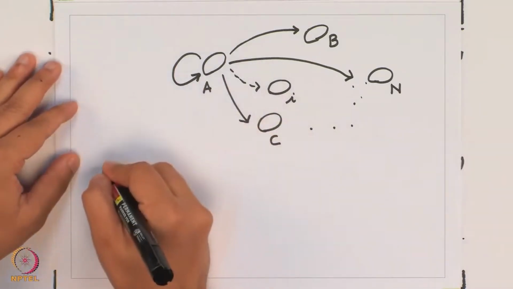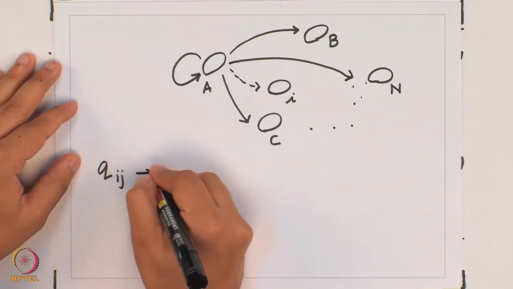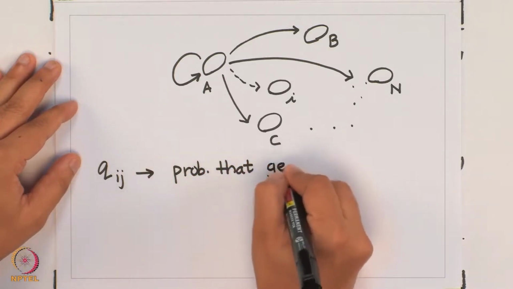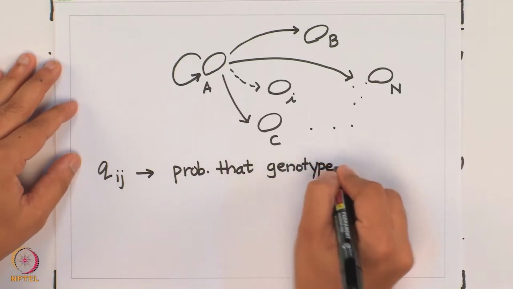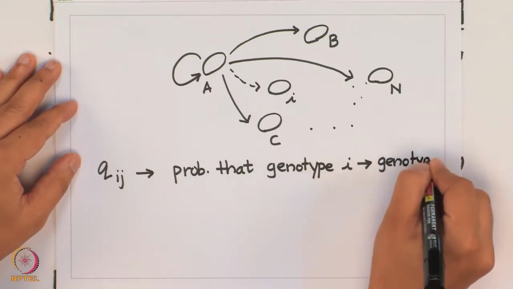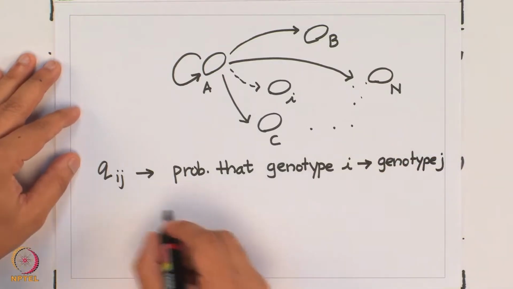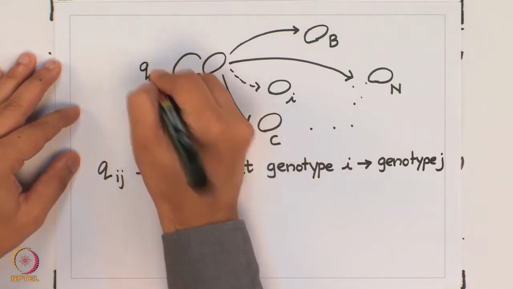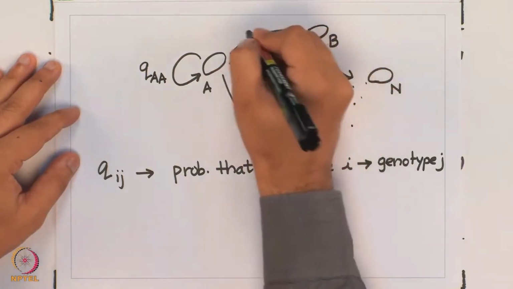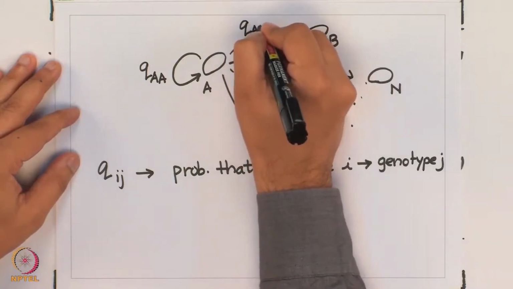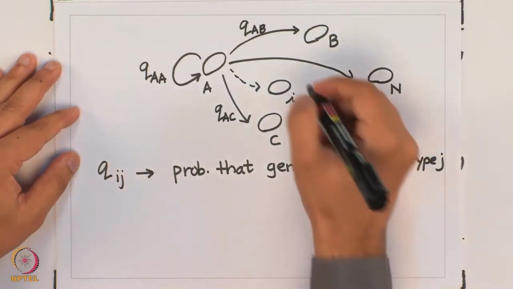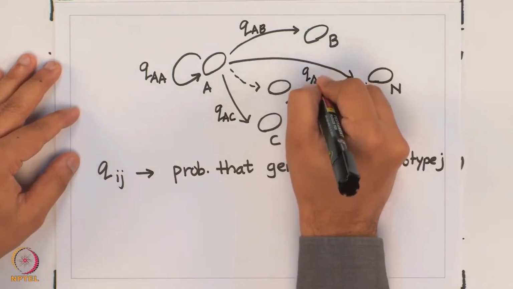So remember, Qij was defined as the probability that genotype I on division gives me genotype J. So by that definition, this arrow represents the probability that when A divides, I get back genotype A. This arrow tells me that when A divides, I get genotype B. This represents that when A divides, I get genotype C, and so on and so forth, leading all the way up to QAN.